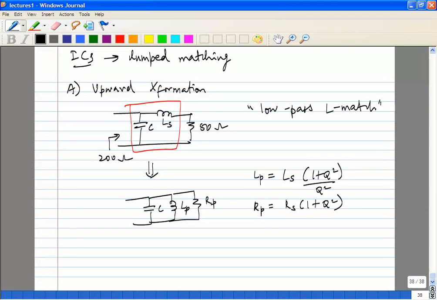So what do we know here? We know RP, we know RS, don't we? Let's rewrite this slightly because we don't know the Q so far, right? So what we're going to do is RP over RS minus 1, right? Make sure to remember this expression.